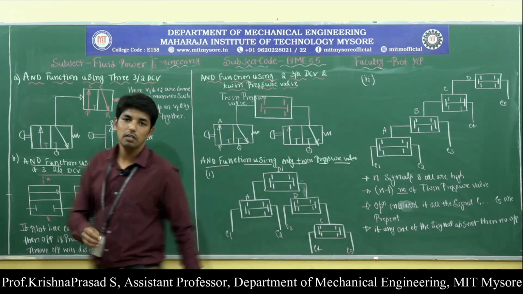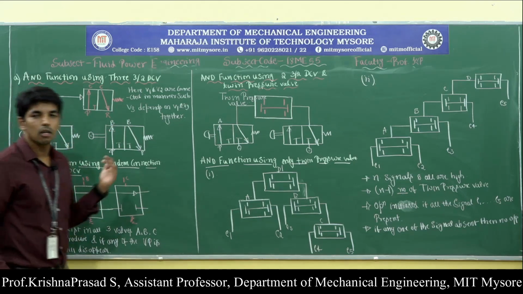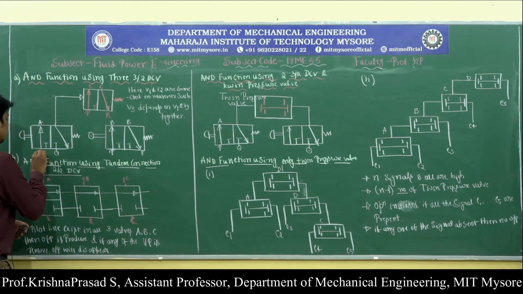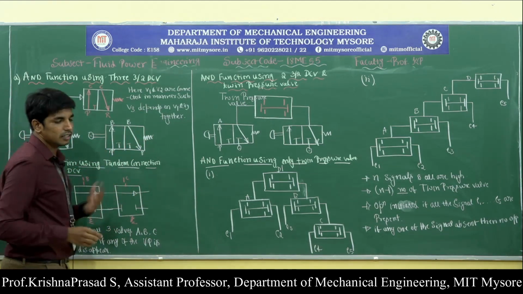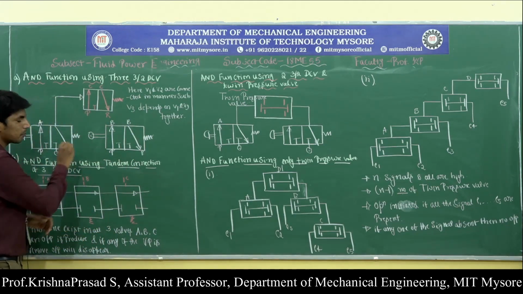The first thing to observe here is that A, B, C act as the outlet ports, P is called the inlet port or the pressure port, and R is called the tank port.